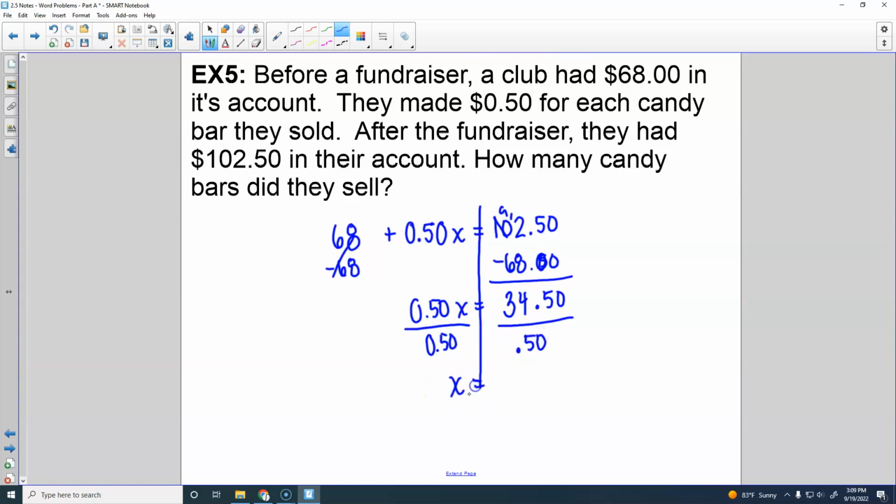All right, dividing by 1/2. What's it the same as? Because this, I could call it dividing by 1/2, right? What do we do when we divide fractions? Easy as pie. Flip the second and multiply. Dividing by 1/2 is like multiplying by 2. So we're really doing 34.50 times 2. So 69 candy bars.